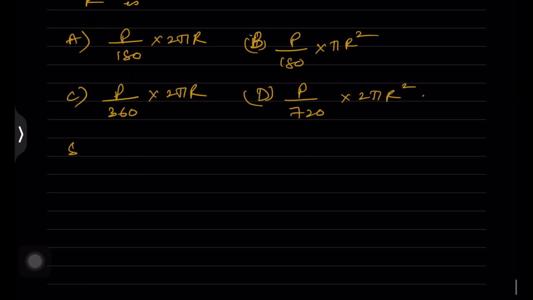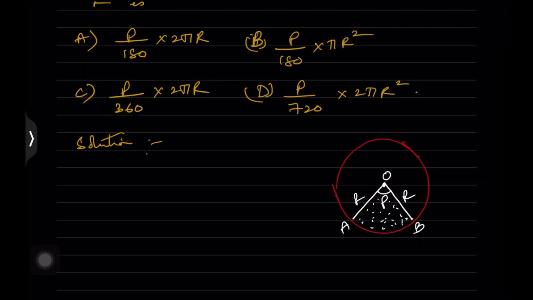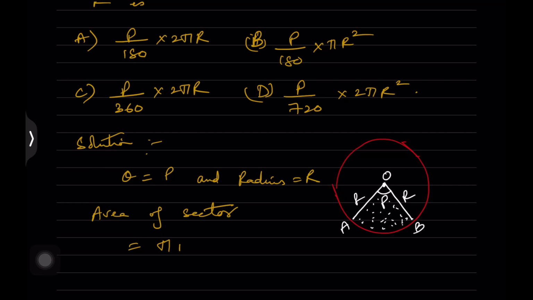So here solution, how do we find the solution for this? Here we can take a circle. So therefore the circle, you have OA as the radius, OB as the radius, P is the angle, and the dotted part is the sector. So here you are having theta is equal to P and radius is equal to capital R. So area of sector is equal to pi capital R square into P by 360.